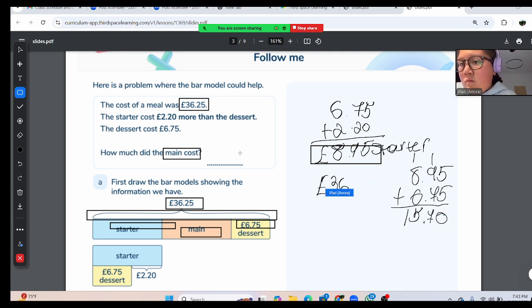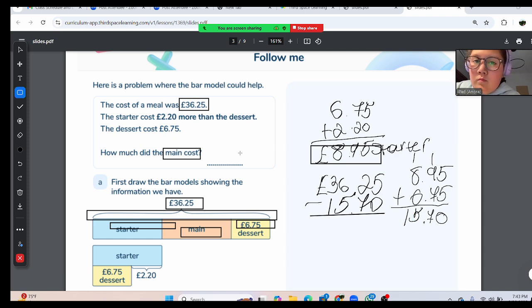Very good. Absolutely correct. So this is the cost of the main meal.